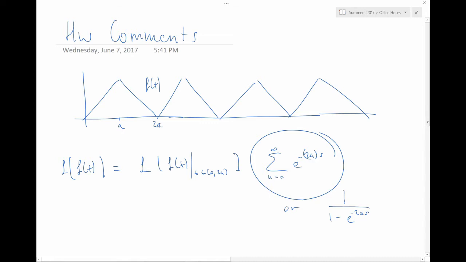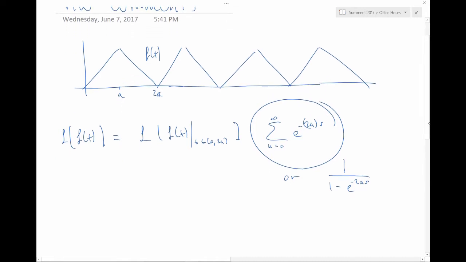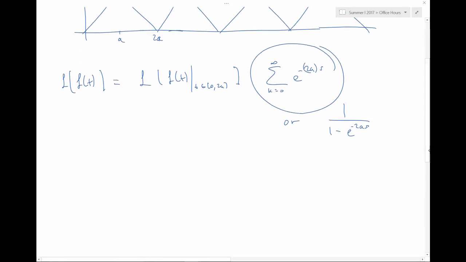So either one is good for the Laplace transform, and many of you did find the correct Laplace transform of a single period of f, but many of you forgot to include the summation term. The Laplace transform of f is therefore, if you use Mathematica, 1 minus e to the minus as, squared, over s squared.